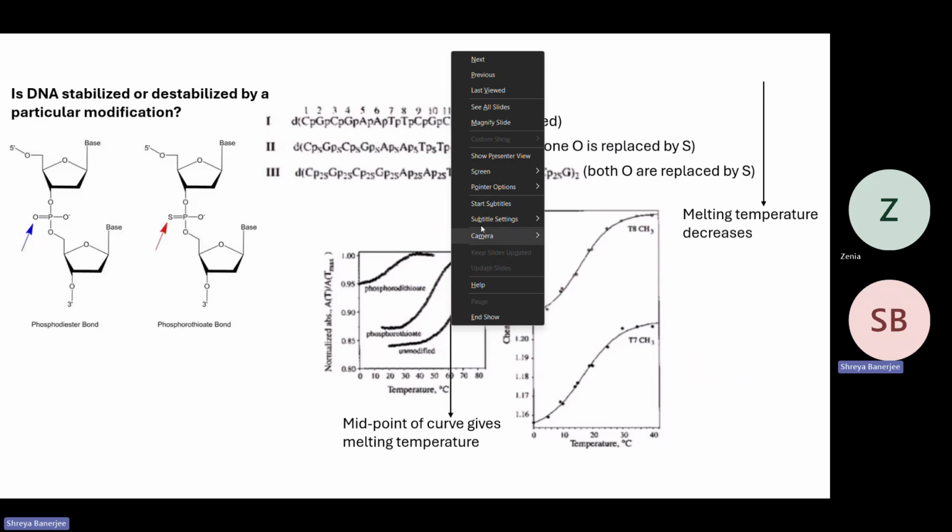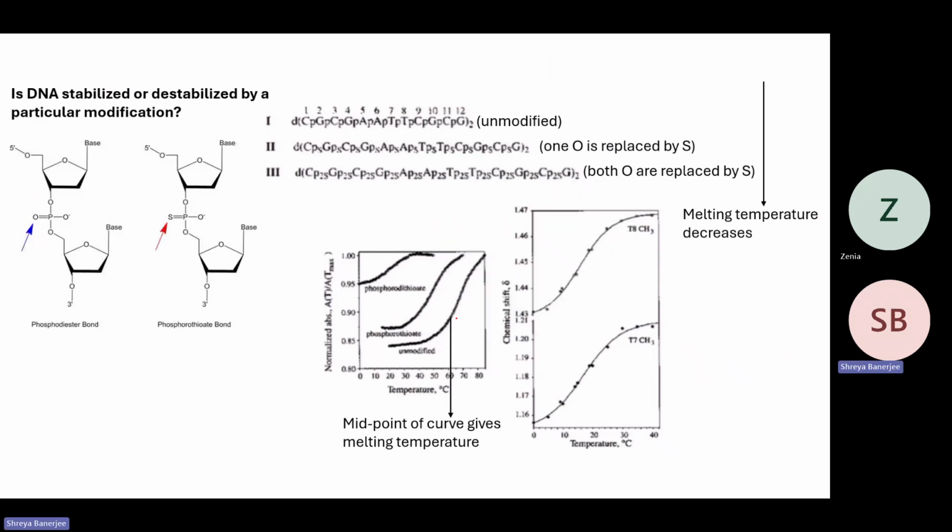So if you look at it, the melting temperature of the unmodified is around 60. For the modified, where you are having a single sulfur modification, this one, that is around 46, 47, and where you are having 2 sulfur modifications, that is around 20.